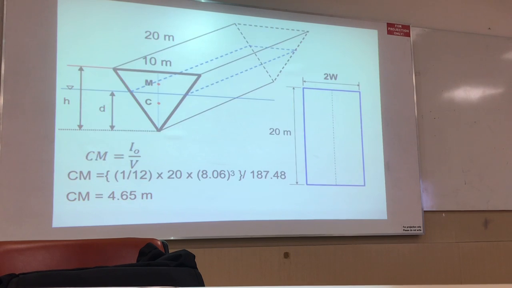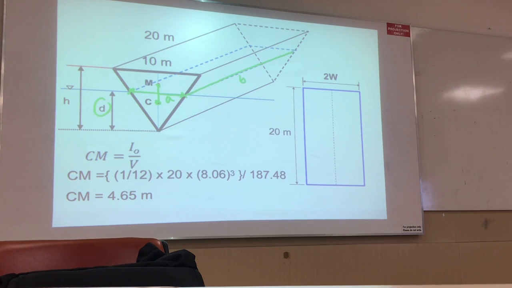CM you have to find from this relationship. CM from here to here, right? I show you. The axis of rotation is somewhere here. So from here to here, the value is A. And from here to here is B. From here to here is D, you know.